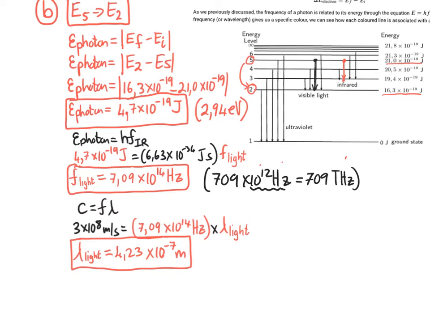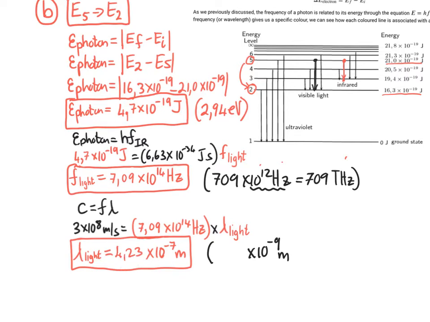So what we want is the wavelength to be in the form of 10 to the minus 9 meters. So that means we are making this factor 100 times smaller, which means we must make this number here 100 times bigger. So we move the comma 2 places to the right.